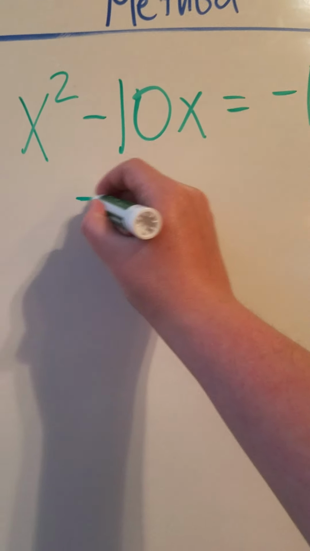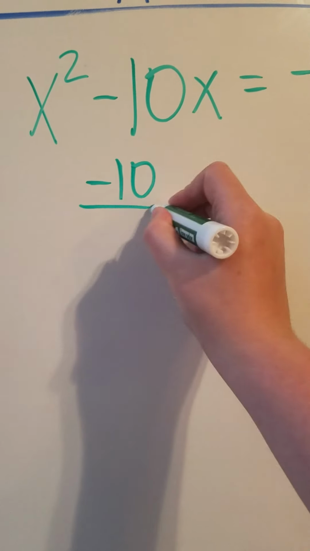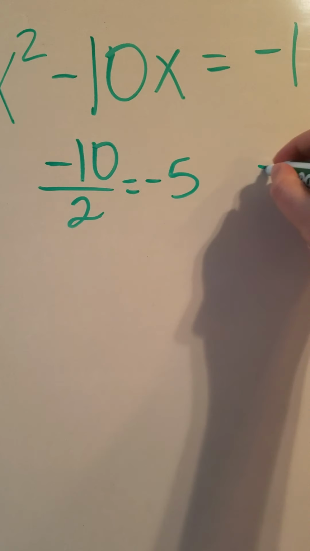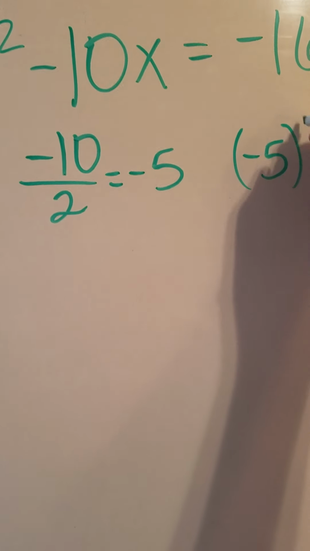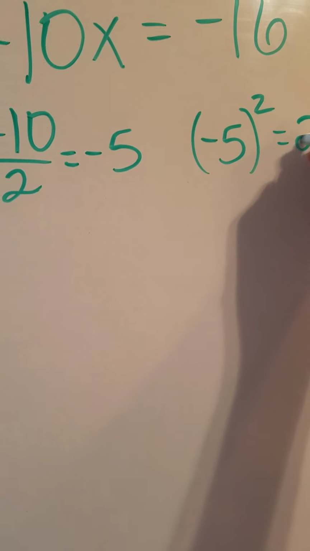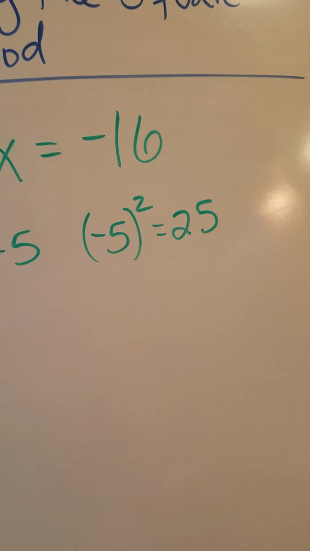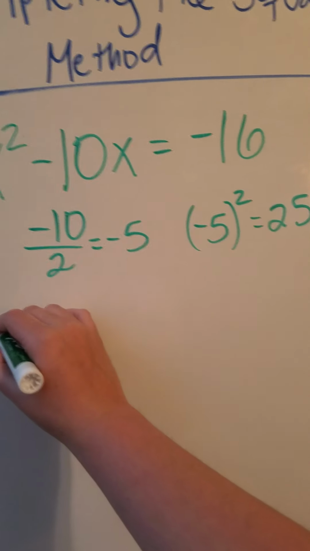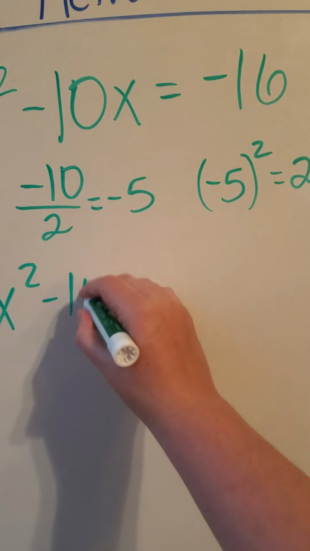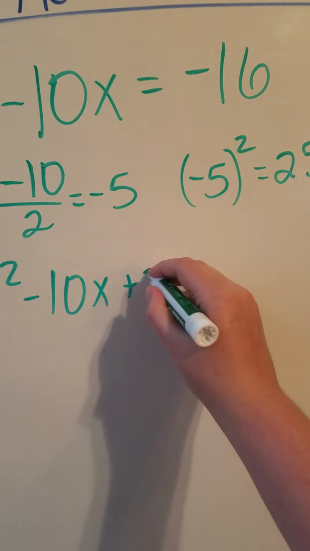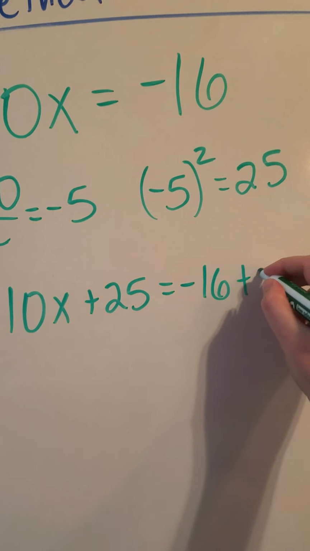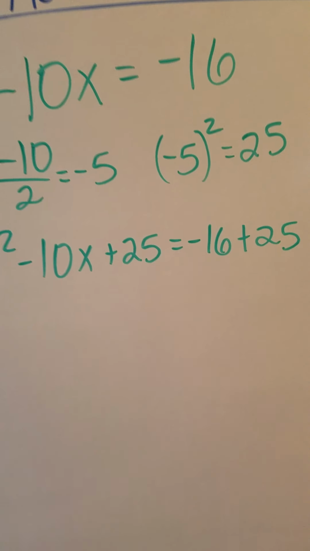Alright, so I'm going to take -10, that's my b value, divided by 2, to give me -5. -5 squared is 25. I'm going to go ahead and put this in my quadratic, x squared minus 10x plus 25 equals -16 plus 25.